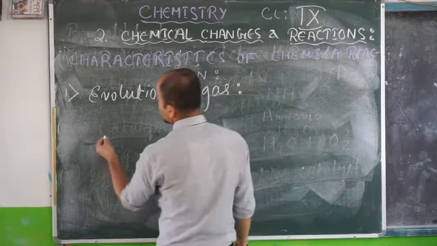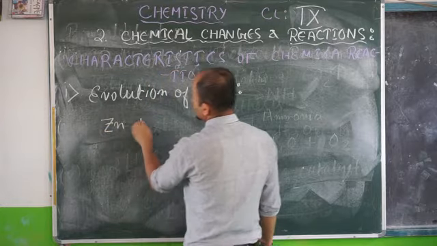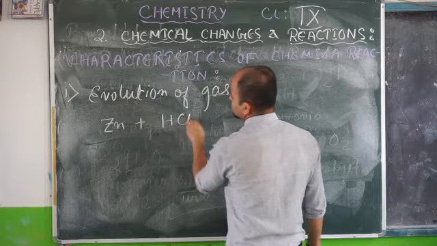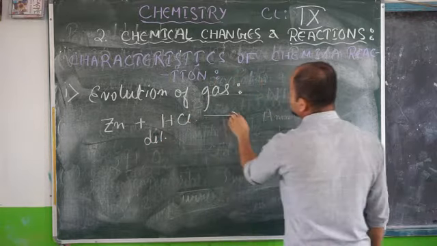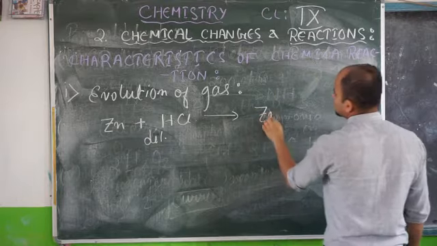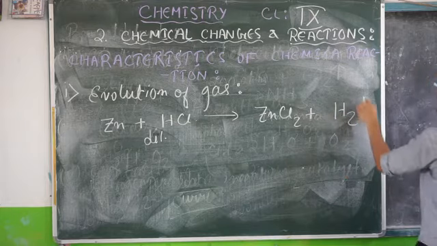Let's take an example: zinc reacts with dilute HCl. What will happen? You will get zinc chloride plus hydrogen gas.